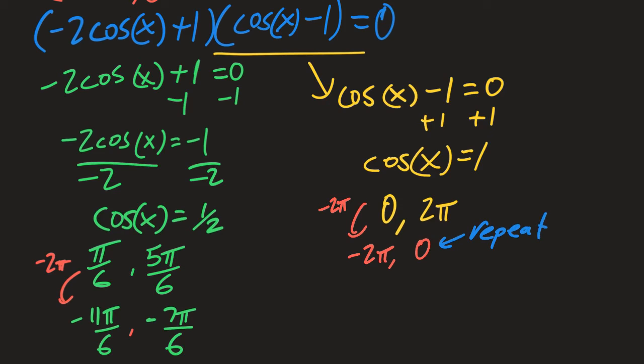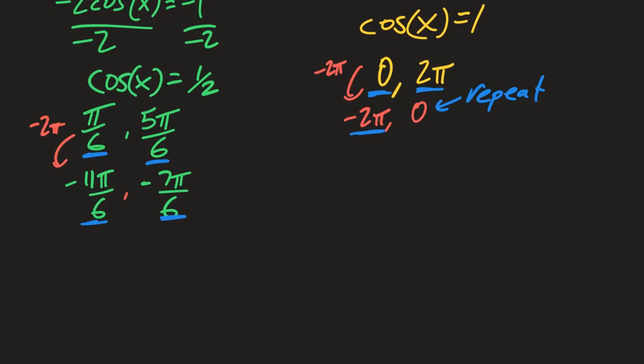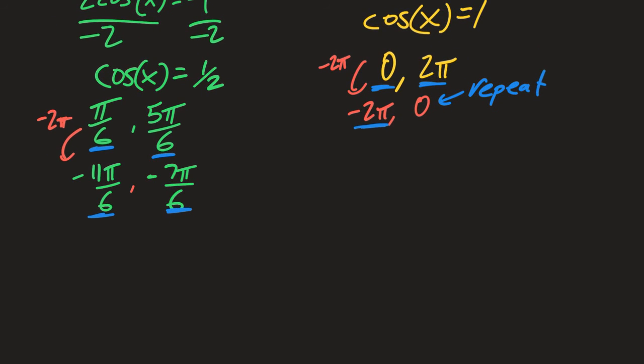Okay. All right, so my unique solutions currently are 0, 2 pi, negative 2 pi, pi over 6, 5 pi over 6, 11 pi over 6, and 7 pi over 6. So my problem actually ended up with 7 different solutions.